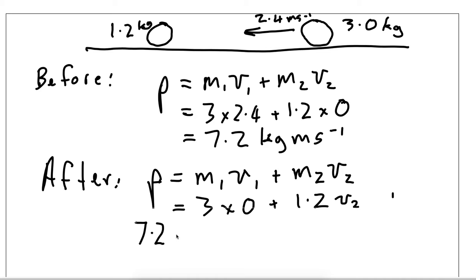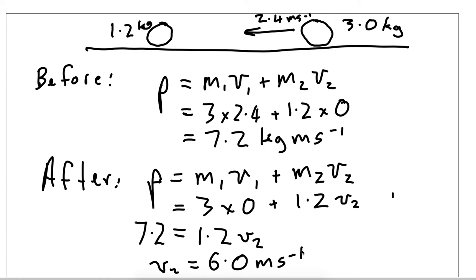So with that we know that 7.2 equals 3 times 0, which is just 0, so we can ignore that term, plus 1.2 times V2. If we rearrange that a little bit, we'll find that V2 equals 6 meters per second, if we do the maths. And that means that, yes, our intuition was right. The 3 kilogram ball was moving at 2.4 meters per second.